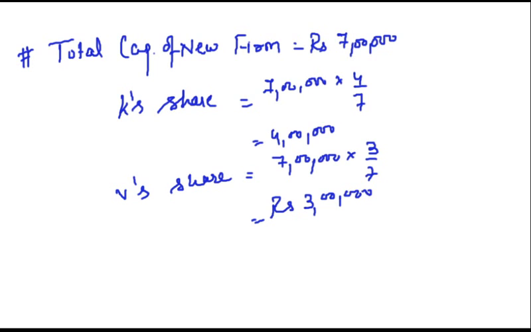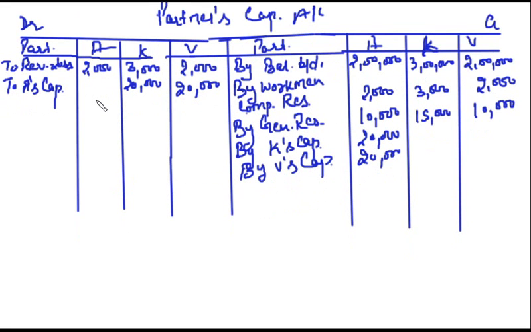What does that mean? If we see the partners' capital accounts, if we talk of balance carried down, this is the capital in the new firm, which is given as 4 lakh and 3 lakh. Isn't it? Right? 4 lakh and 3 lakh.